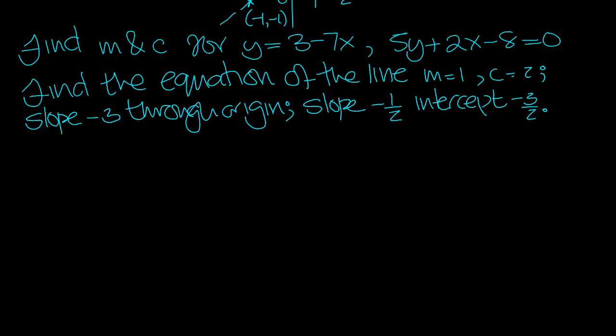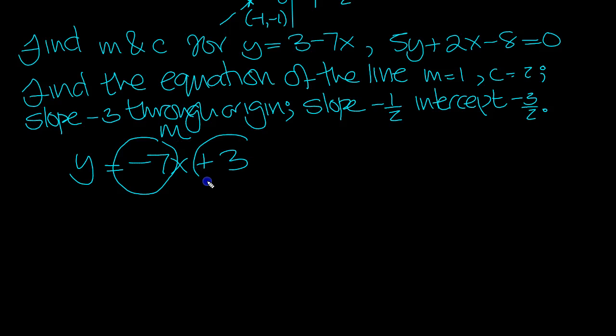So let's have a look at this one then. Let's write this in standard form: y equals minus 7x. Write the second term first and the first term second. Now it's in the correct form, we can circle the number of x's and label it m, and circle that value there, plus 3, and label it c. So m equals minus 7, the gradient is minus 7, and c equals 3.